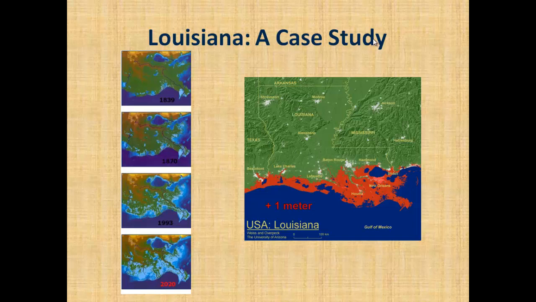You have the increase in catastrophic storms, hurricanes. And you have the delta of the Mississippi River just eroding fast because of the loose sediment.